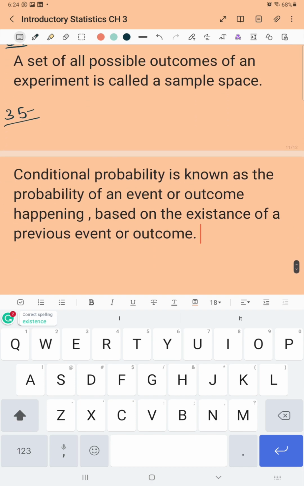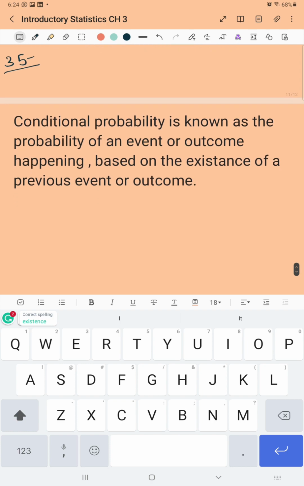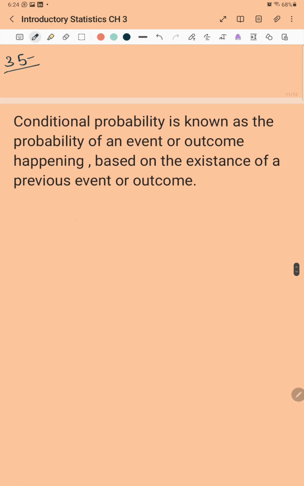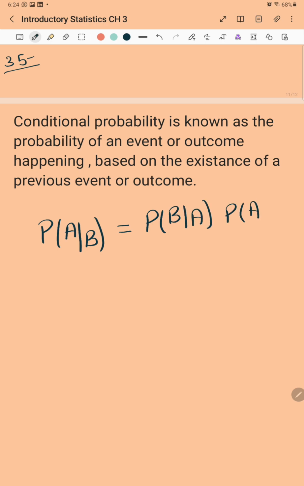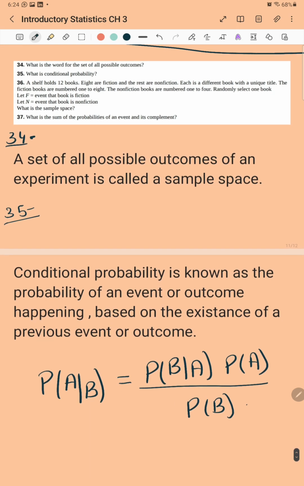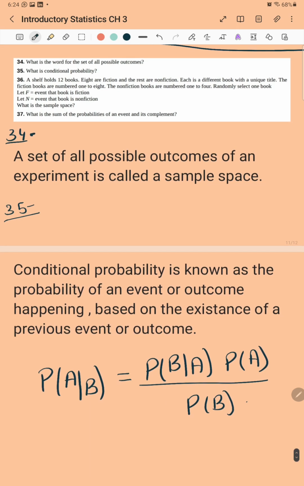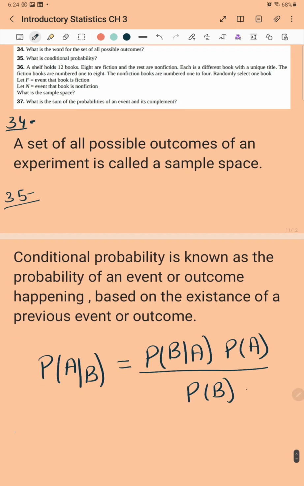And the formula to calculate the conditional probability is: probability of A given B is equal to probability of B given A multiplied by probability of A, divided by probability of B. Question number 35 is done.